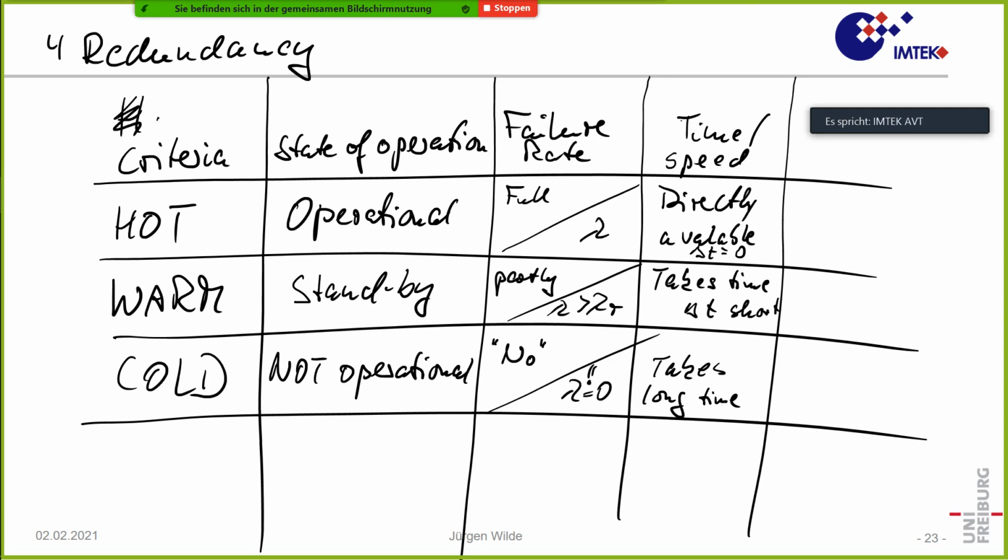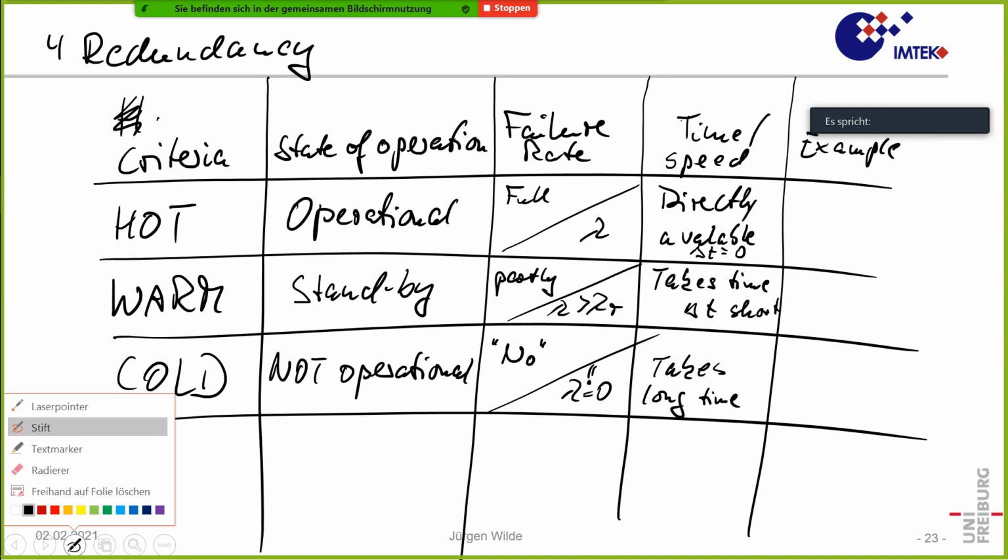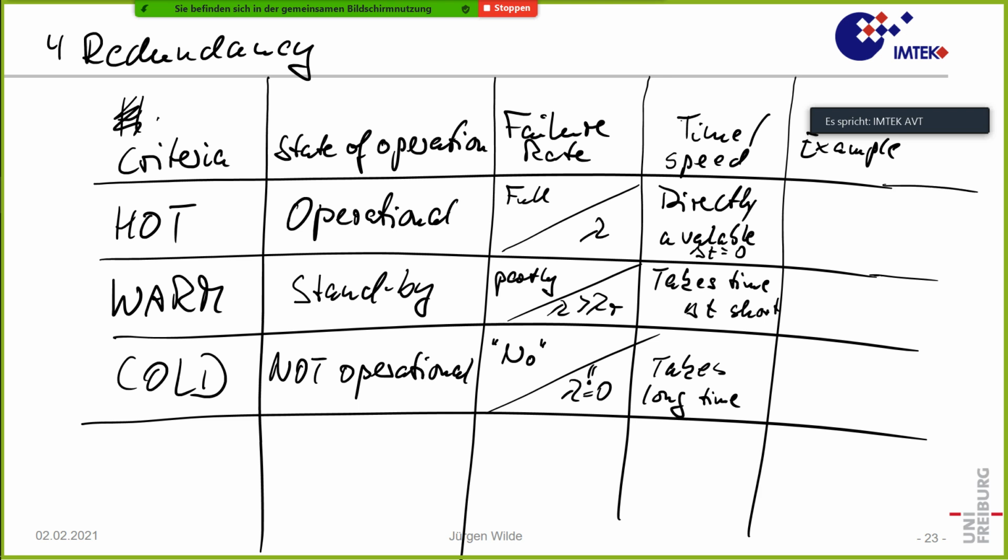Example, hot redundancy. Give me an example of hot redundancy.